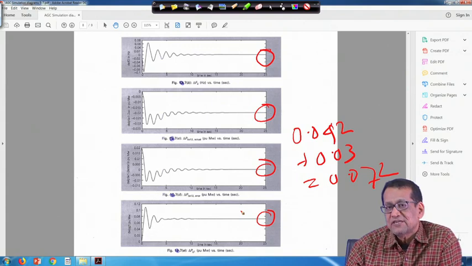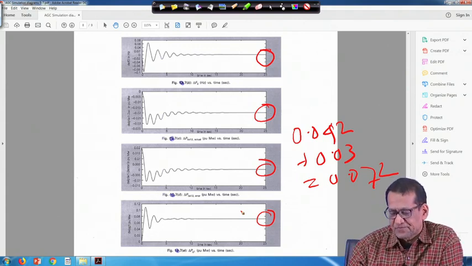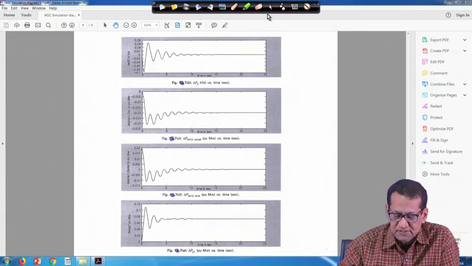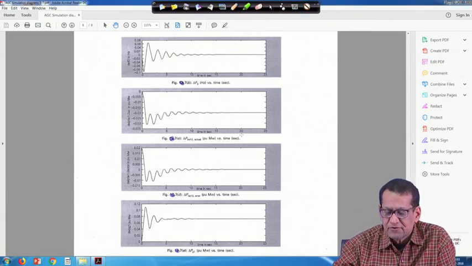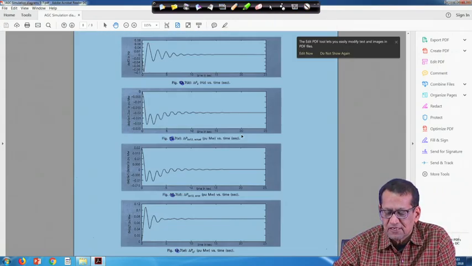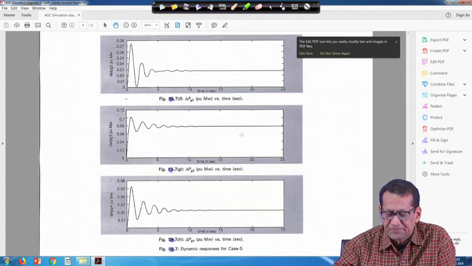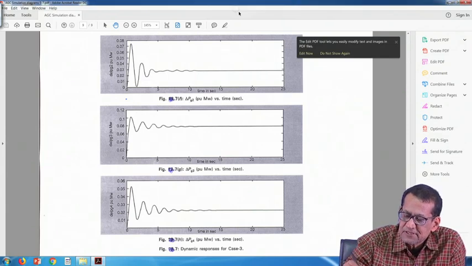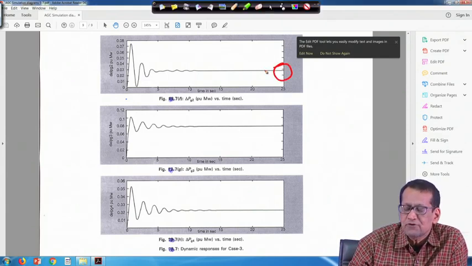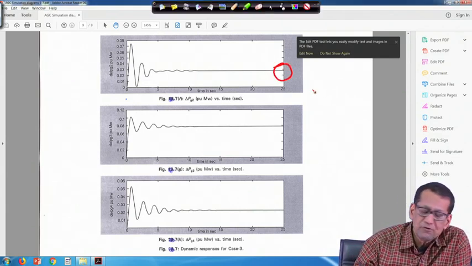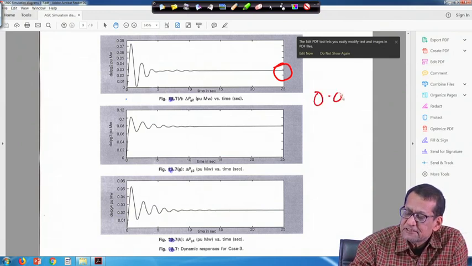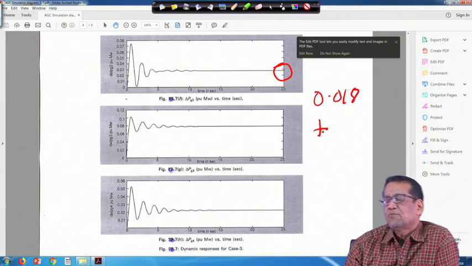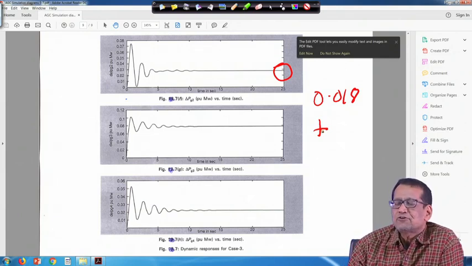So if you look into these dynamic responses, your delta Pg1 is actually 0.072. Similarly, for your delta Pg2, it will be 0.028. If you look into the dynamic response for delta Pg2, for case 2 it was 0.018 plus the AC participation factor for GENCO 2, 0.25.